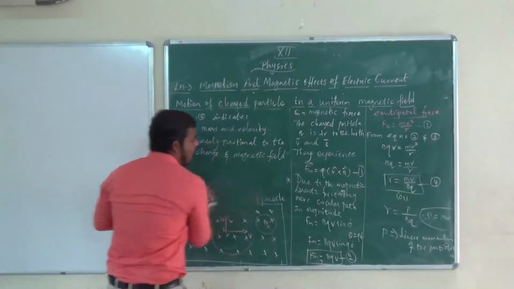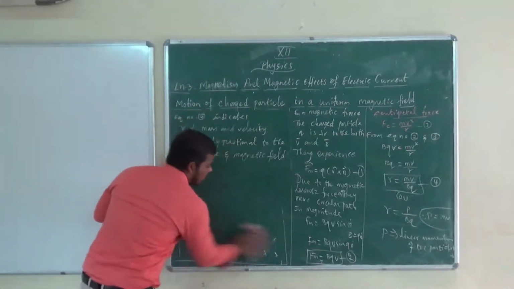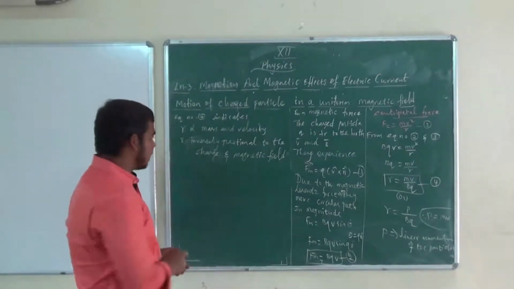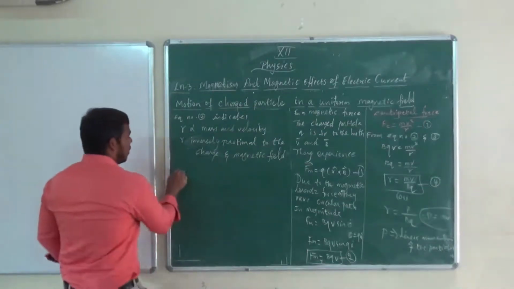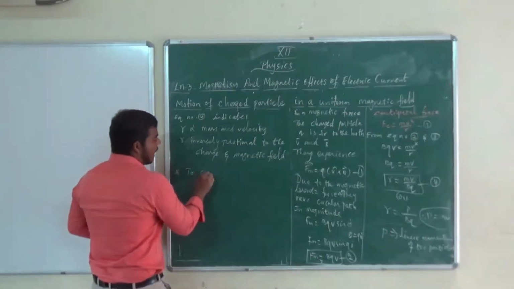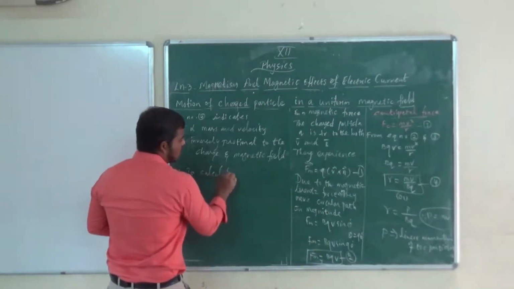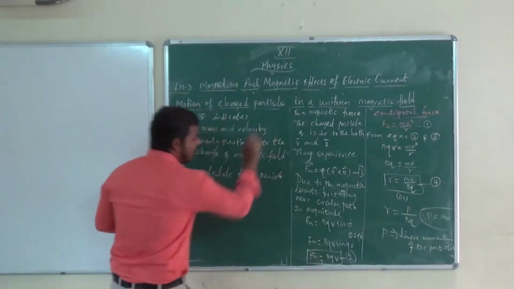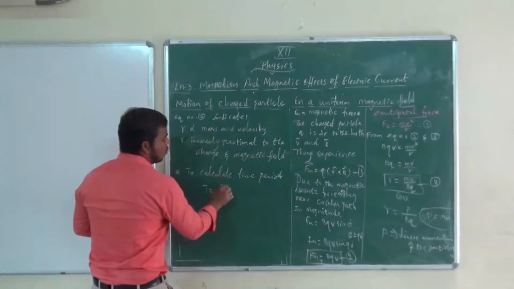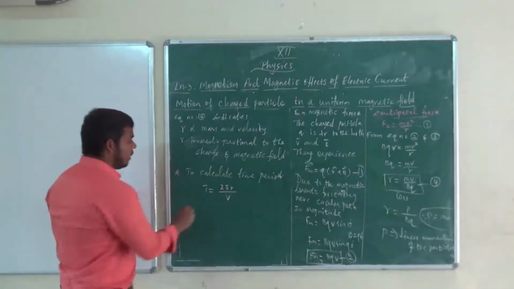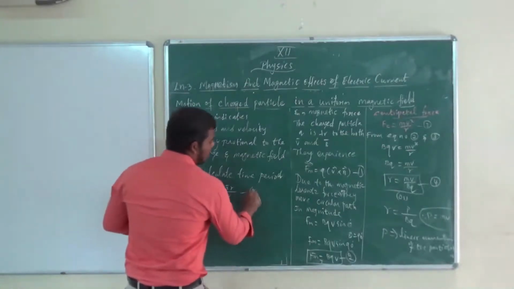Now we want to find how much time it takes to complete one circle or one rotation. To calculate the time period, use the formula T is equal to 2 pi r divided by v, equation number 5.